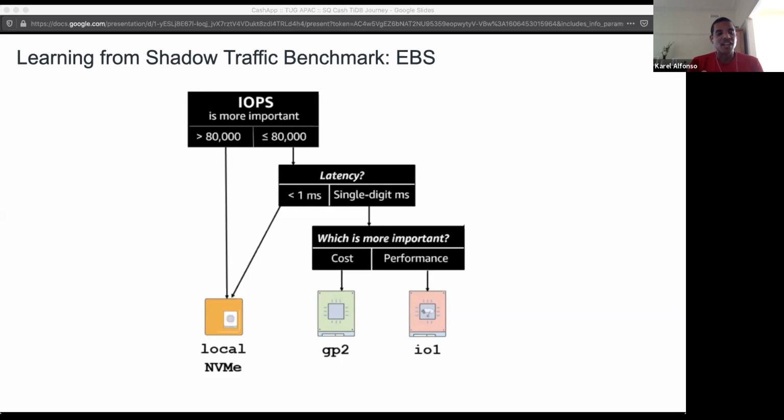We were initially looking at IOPS, and that was a bit of an oversight, but you are also constrained in your volumes by the bandwidth, the number of bytes per second that you're receiving. So we decided to use IO1 because you have double the bandwidth, and also you can provision whatever number of IOPS you require without having to depend on very large volumes. Next slide.